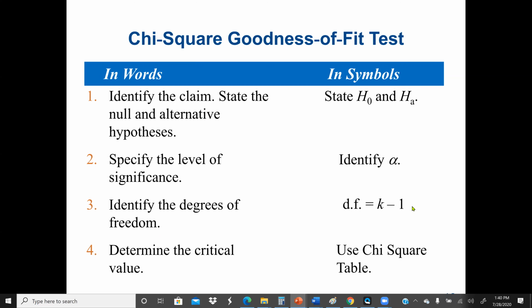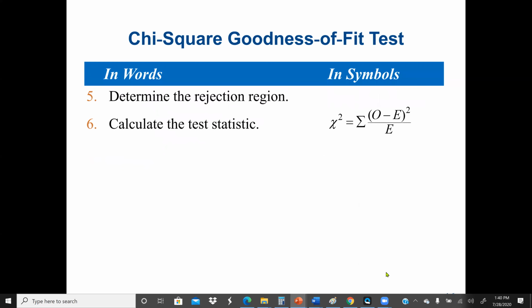Then we determine the critical value using the chi-square distribution table. Then step 5, we determine the rejection region, using the critical value found from alpha and the degrees of freedom.